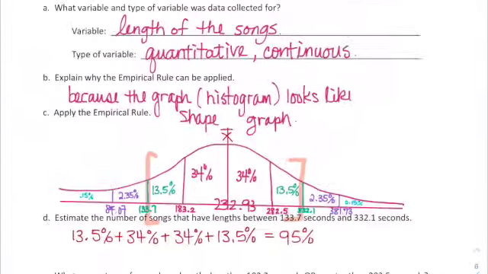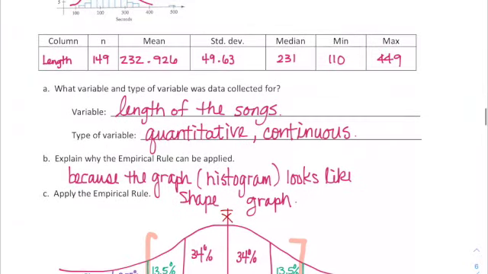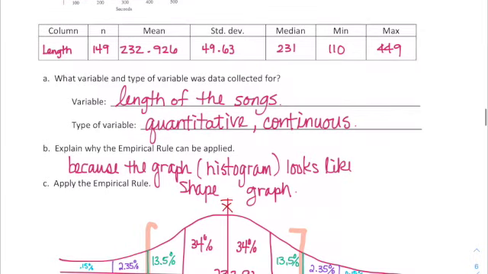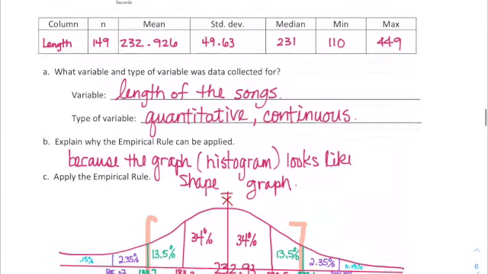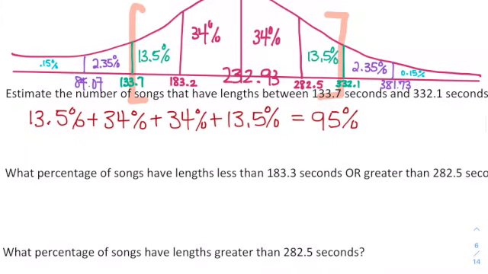Now, how many songs are we talking about? We have 149 songs. That's your N, 149 songs. That's not the length of the song. That's how many songs they play. So therefore, you're going to take your 0.95, because that's 95%, times 149.